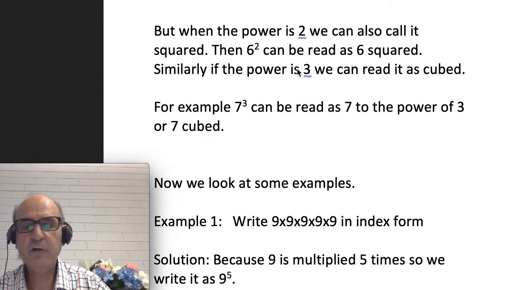And if the power is 3, these are, as I said, special cases. For example, I have 7 to the power of 3. I can read it as 7 to the power of 3, or I can read it as 7 cubed.